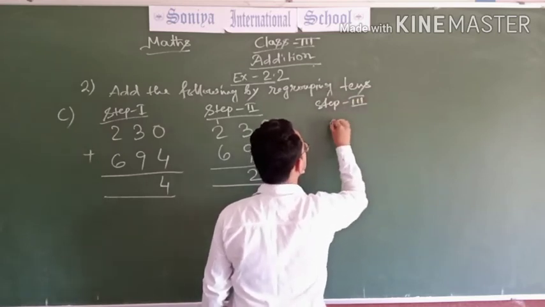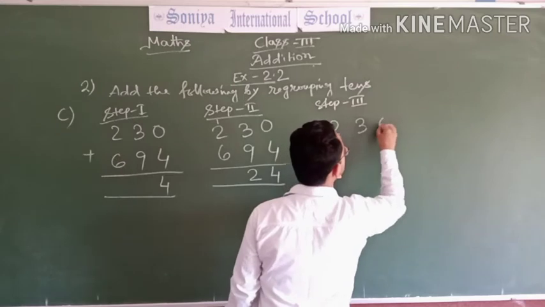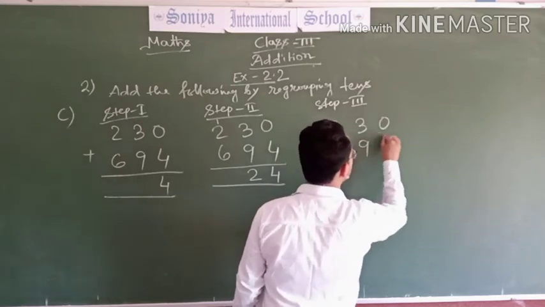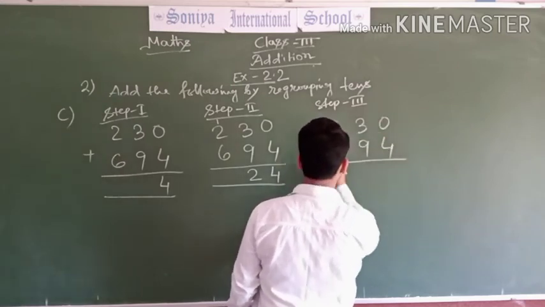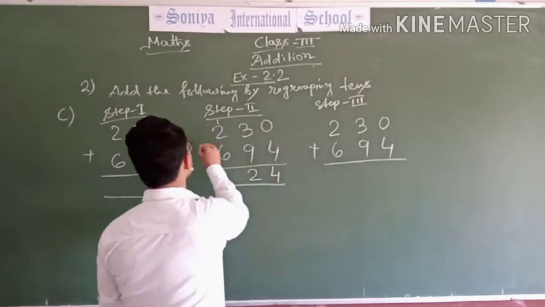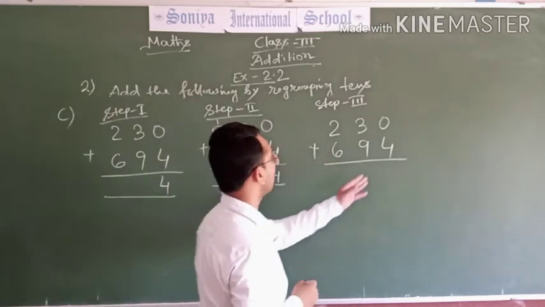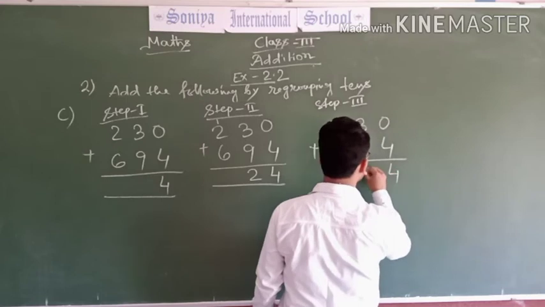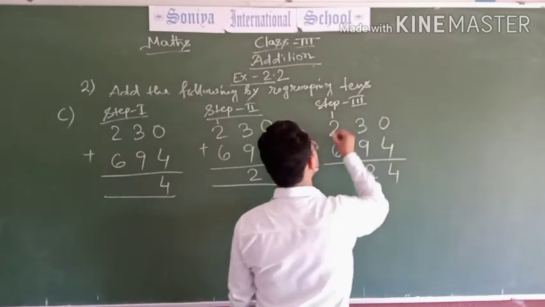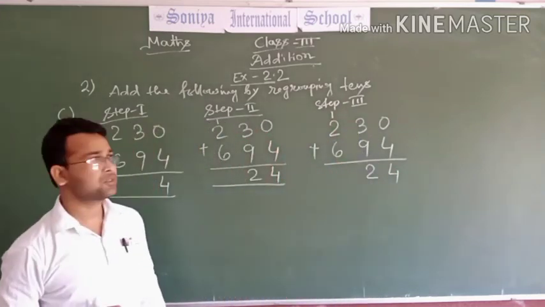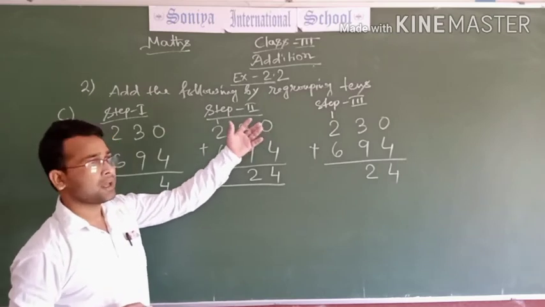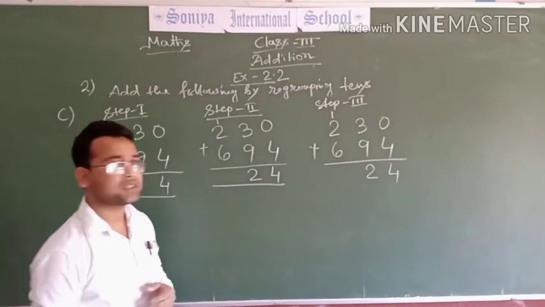Step 3, 2, 3, 0 and 6, 9, 4. We got from step 1 and step 2, 4 and 2, and here 1. In step 3, add all the hundreds place numbers.